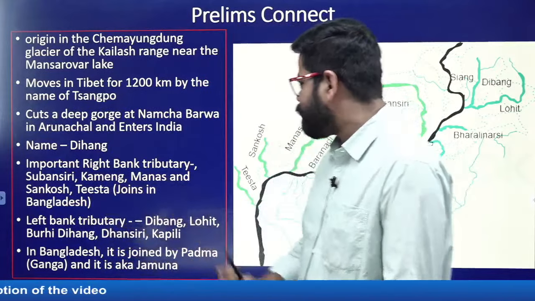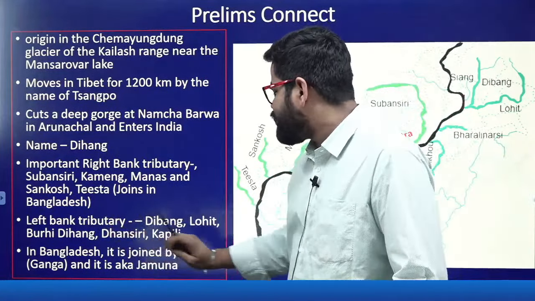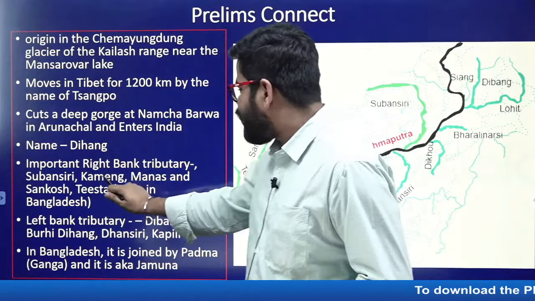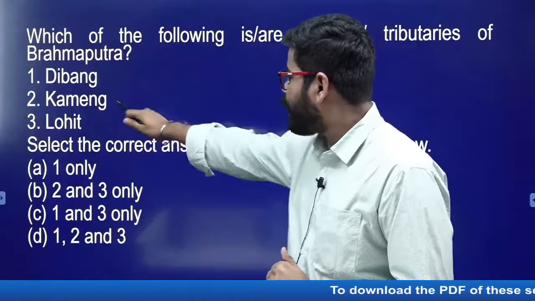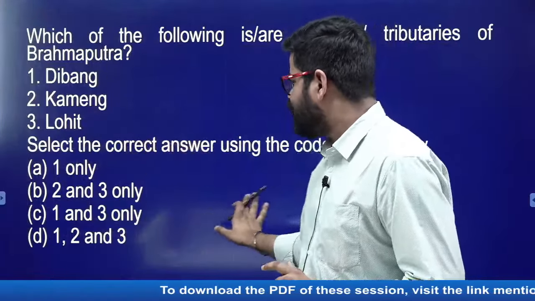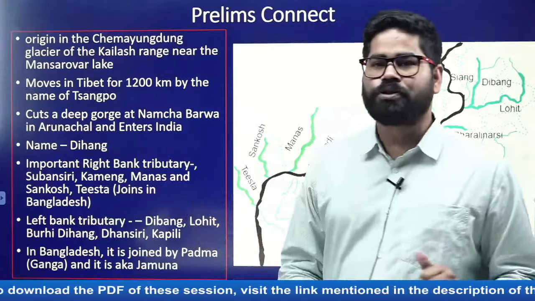If we look at the left bank tributaries, Dibang is there, Lohit is there, Burhi Dihing is there, Dhansiri is there, Kapili is there. Just see there, Kameng, it was written here, so Kameng will be there. Dibang was also mentioned. Third one, Lohit, was also mentioned here.